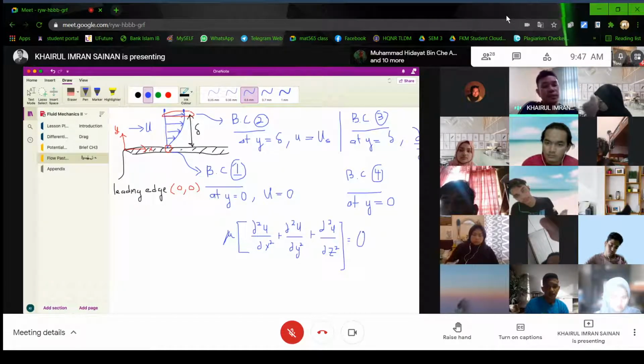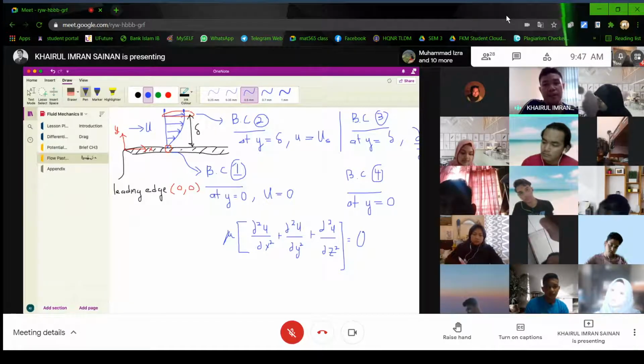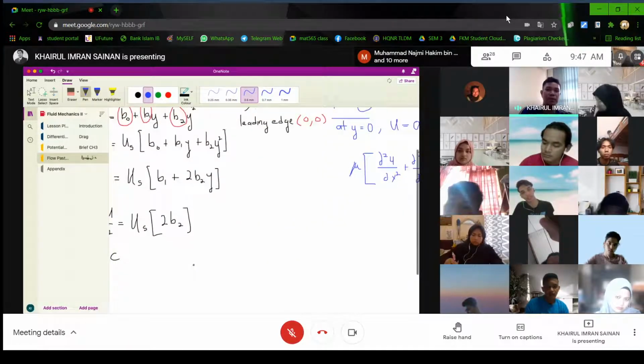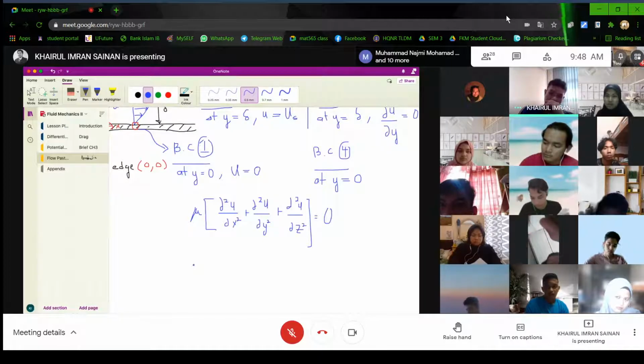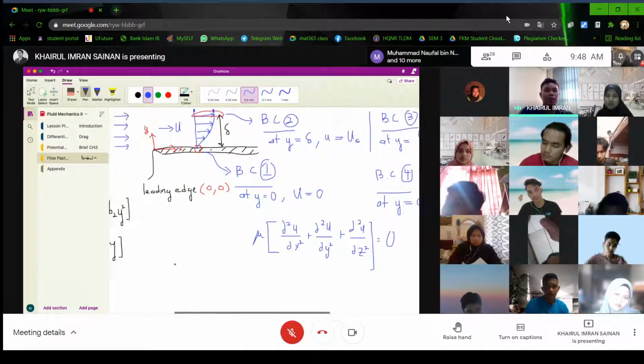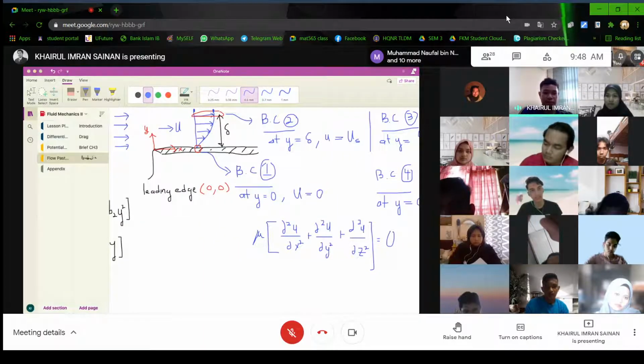So perhaps this is the last one. We're going to end with this one. I'll leave you with the boundary conditions and ask you to find B0, B1 and B2. I'm going to explain this one. Remember, u changes with what? Who else?